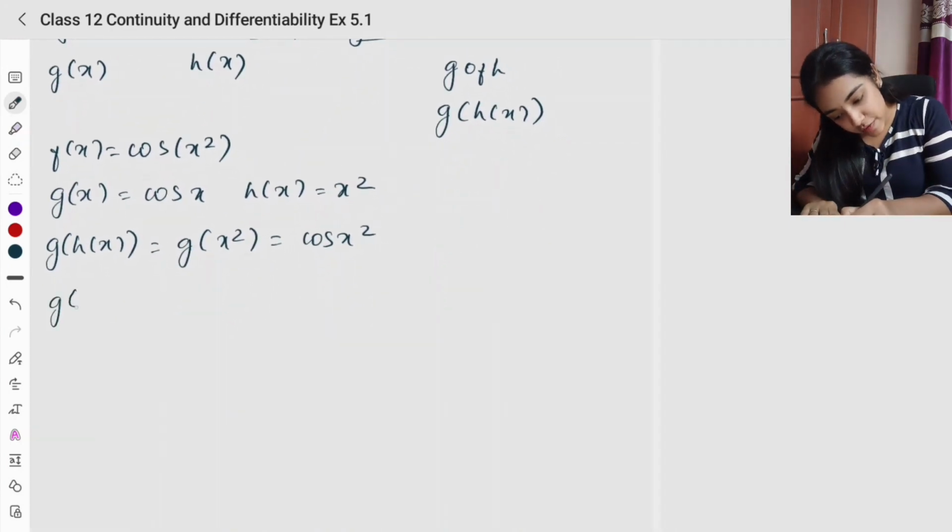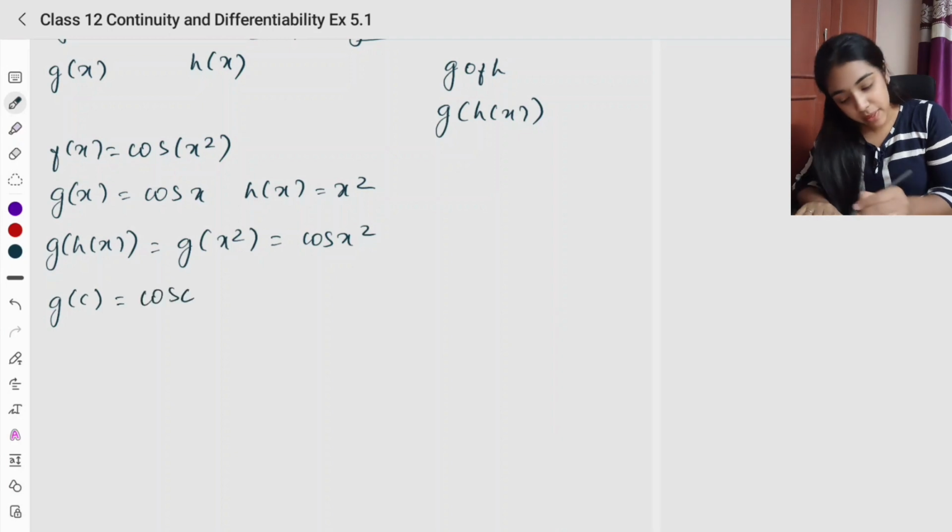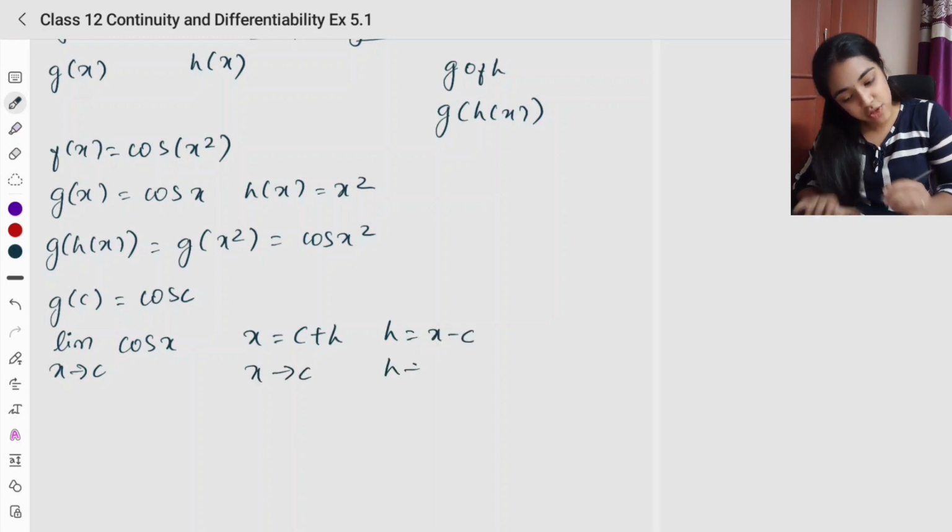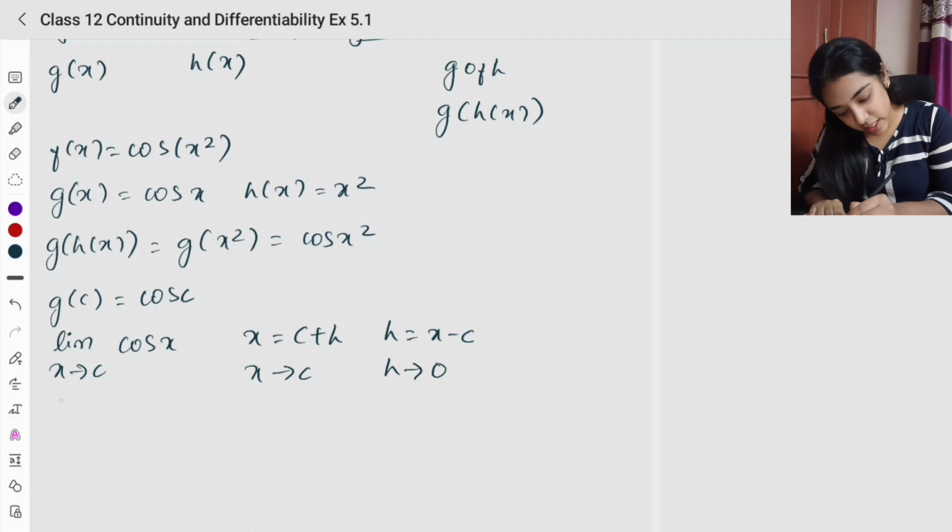So what do I have? First case, g of c is equal to cos c. What is my limit? Limit x tends to c of cos x. So first replacement: x equals c plus h, which means h is equal to x minus c. If x tends to c, h tends to 0. So what is my limit?